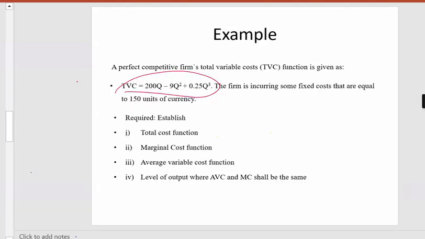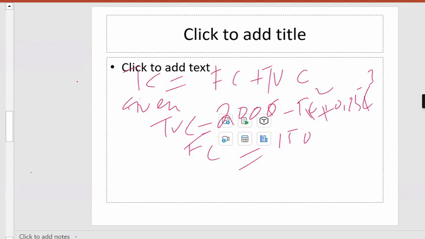You are required to find, one, the total cost function, marginal cost, average cost, and the level where, okay, let us do it together. First of all, what is the total cost function? We said it is total fixed cost plus total variable cost, right? We have to start with the fixed cost, which is 150.